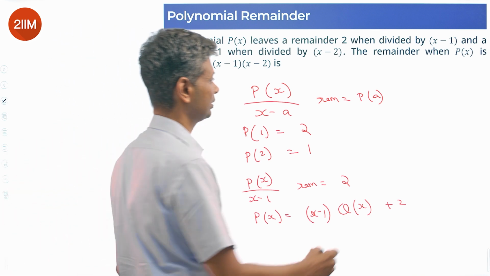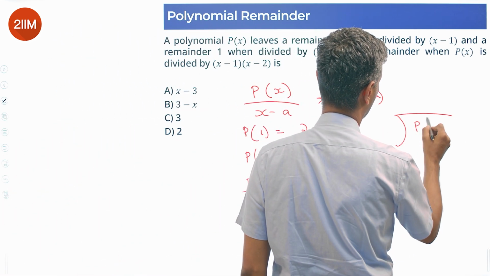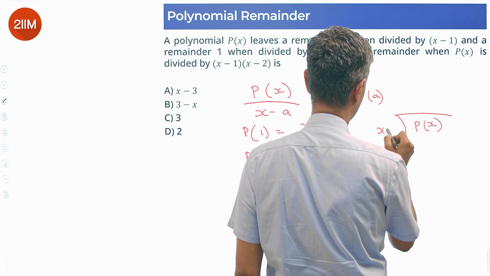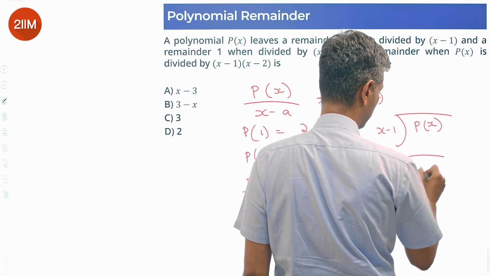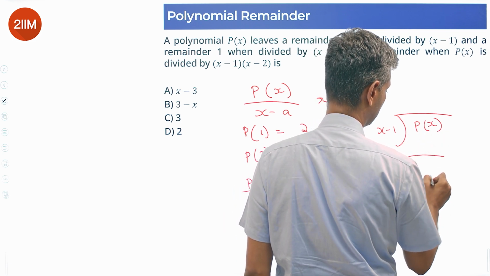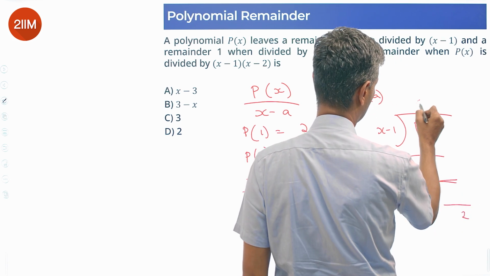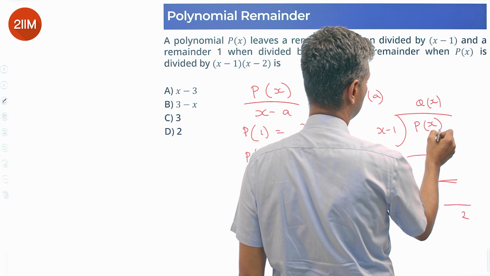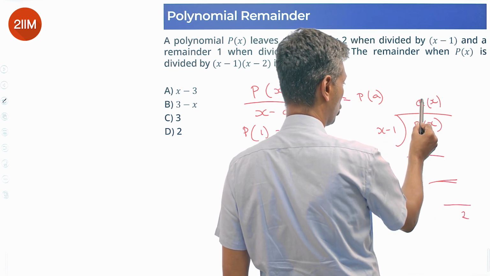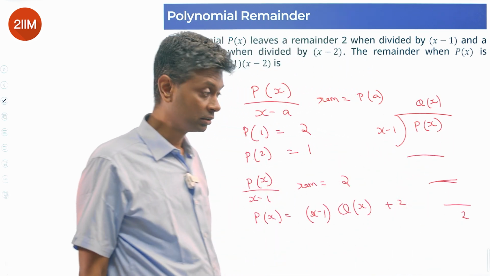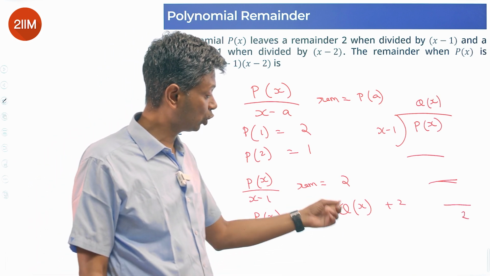We have p of x divided by x minus 1. You keep dividing, write down all the things, and then finally you get remainder 2. Here there is a q of x. Any number is a divisor into quotient plus remainder. That means p of x is x minus 1 into q of x plus 2.